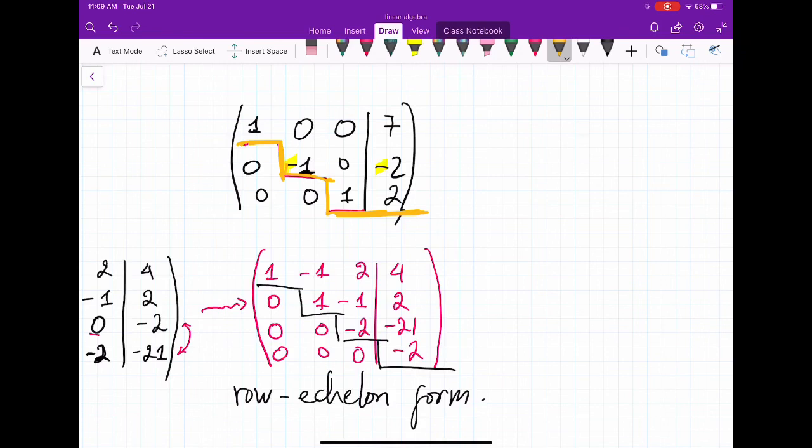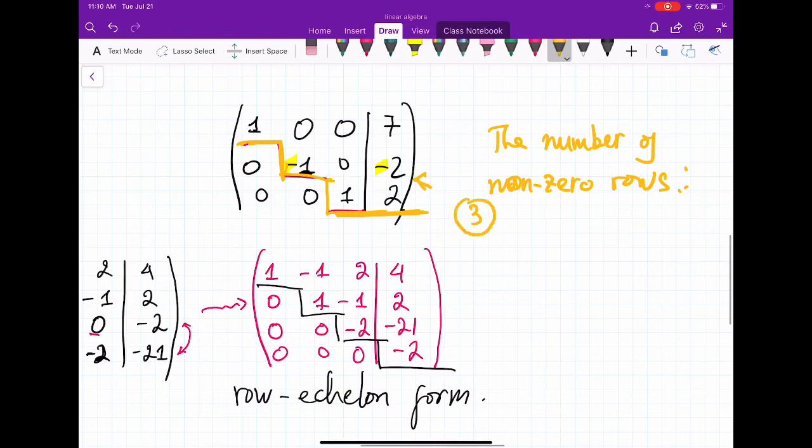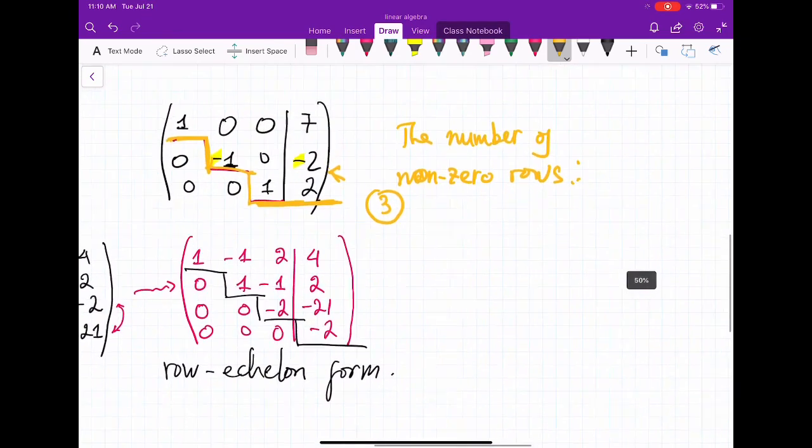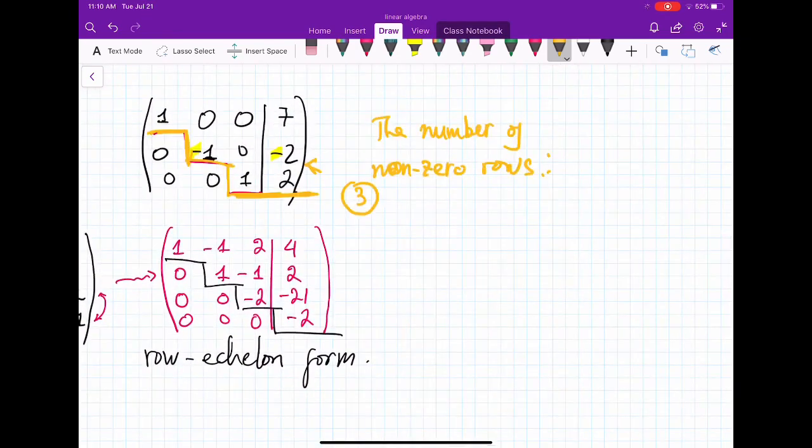If you count the number of non-zero rows, in this you get 3, right? Okay, so 3 is the number of non-zero rows in the coefficient matrix and in the augmented matrix.